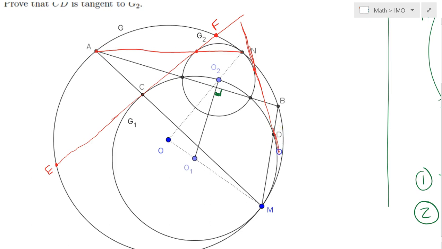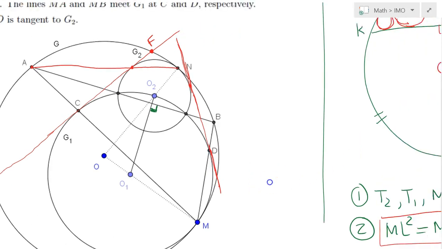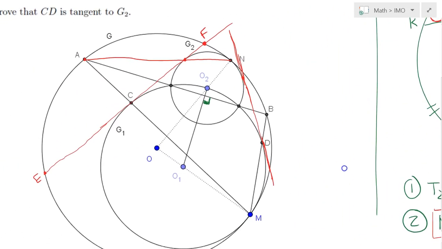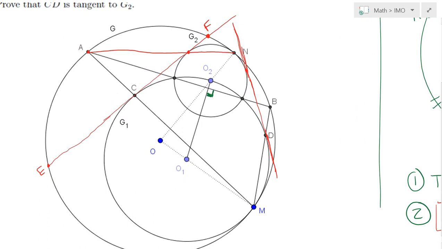But that's a wonderful consequence of this lemma that we have just proved. It works because A is on the radical axis of these two circles, as is B, right? Because it's on the radical axis of these two circles, A has equal powers with respect to both circle G1 and G2.